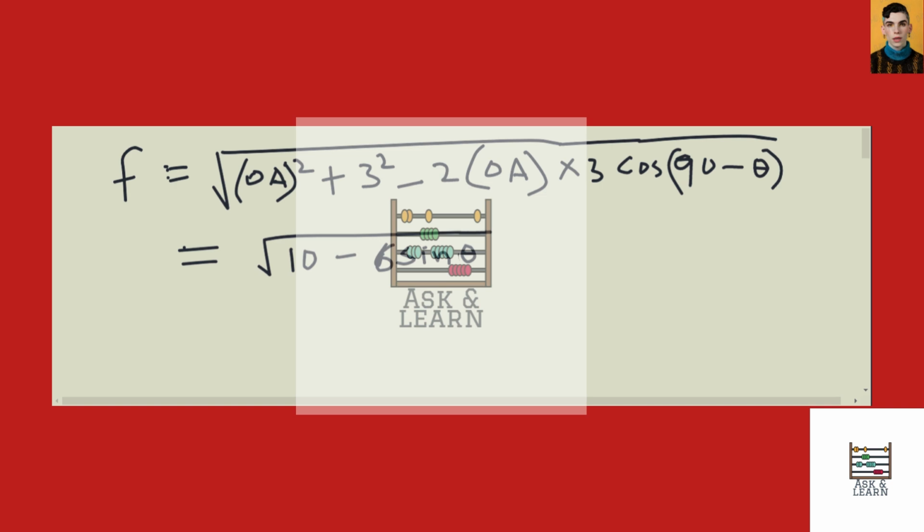Then L minus F, from the information we've been given so far, is equal to G and is equal to h. Therefore h is going to be equal to 3.2 minus the root of 10 minus 6 sin theta.